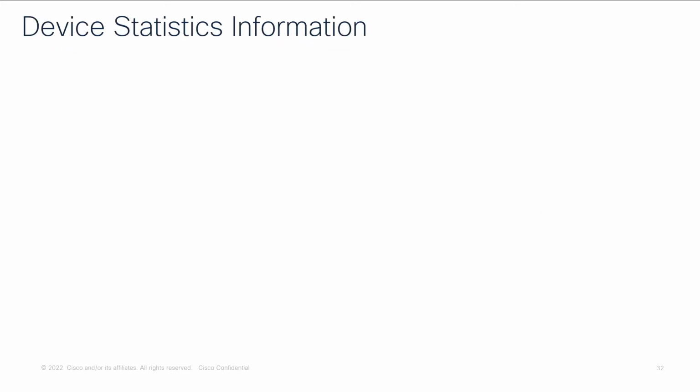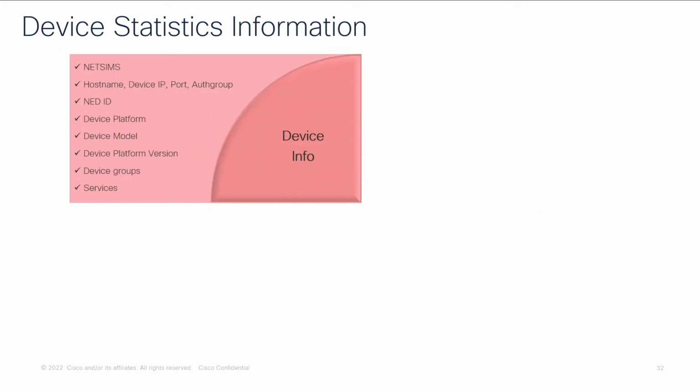Let us go into more detail about this information. We are dividing into 4 categories here. The first 3 categories represent the reports, what information we are gathering using this utility. The first one is whether the device is NetSIM or not. Generally in production, we don't use NetSIM devices, but in dev environments, QA, stage, pre-production, sometimes we use NetSIM devices. So we want to manage both NetSIMs and the real devices.